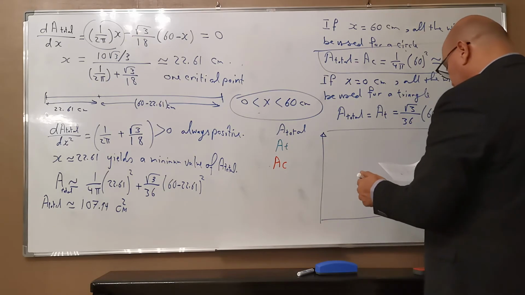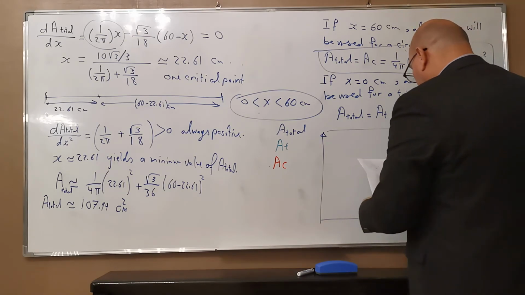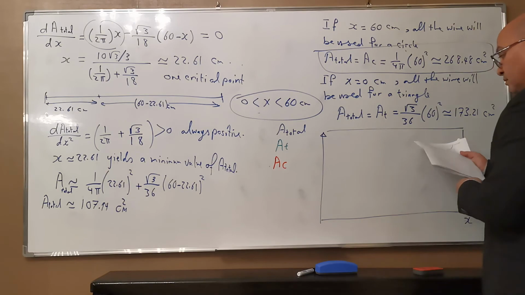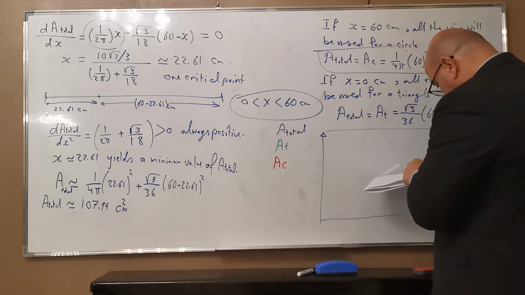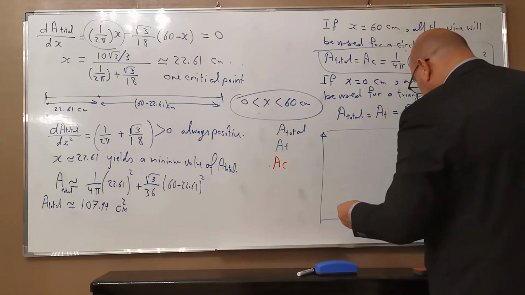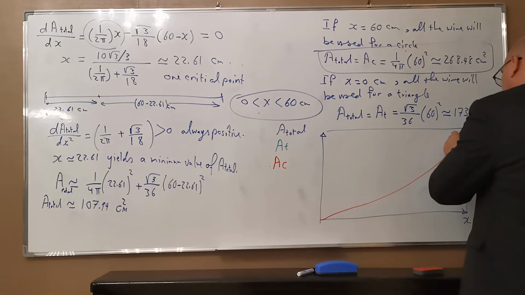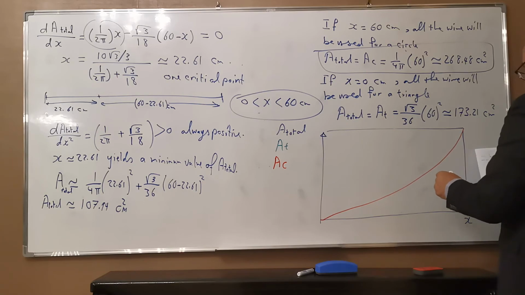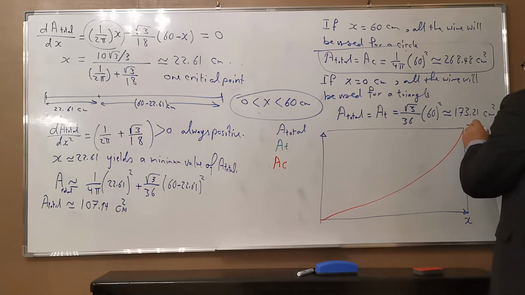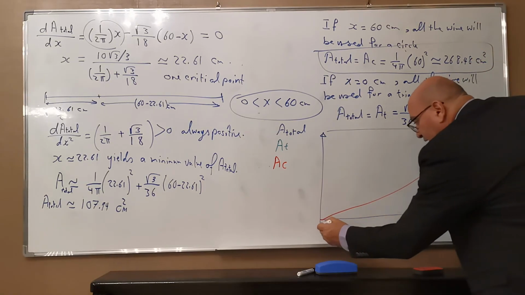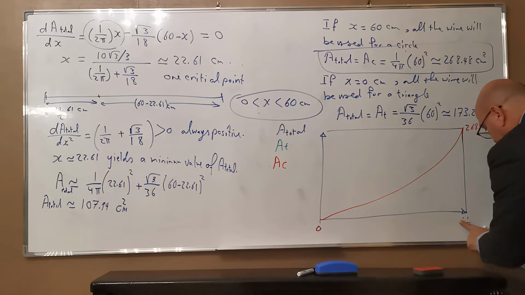Then AC in red starts from 0, and we end up with a maximum of 268.48 at this point here, from x equals 0 up to x equals 60 centimeters.